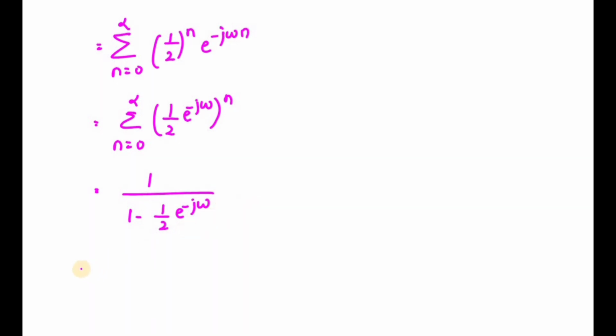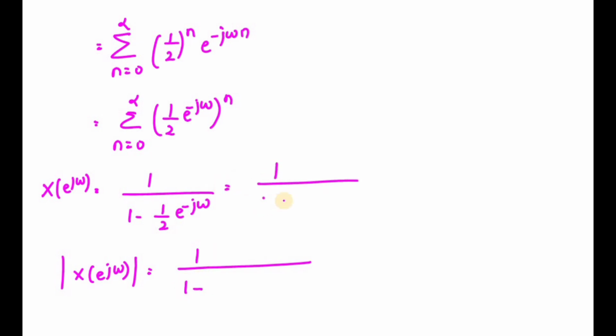Okay, so this is nothing but X of e power j omega. If I want to find the magnitude, I can write it as 1 divided by 1 minus 0.5 times cos omega minus j sin omega, right.